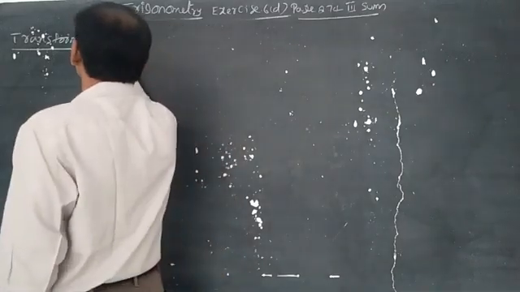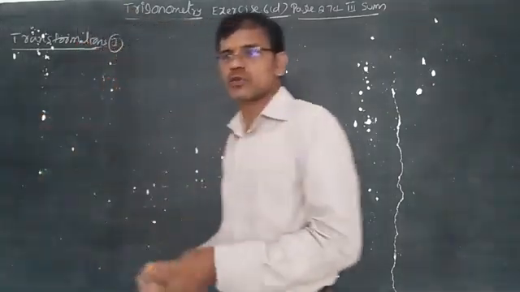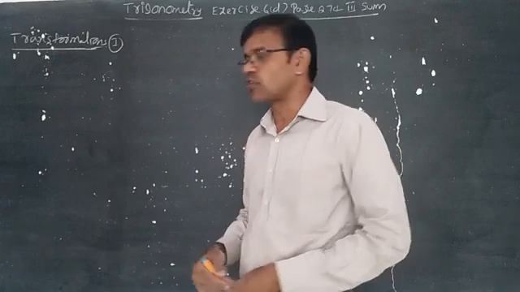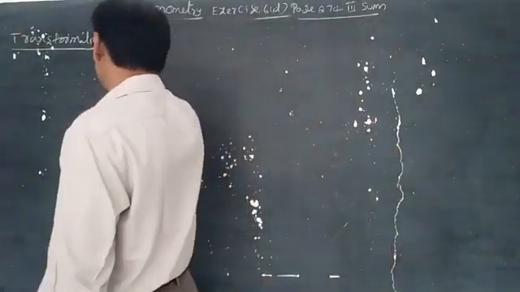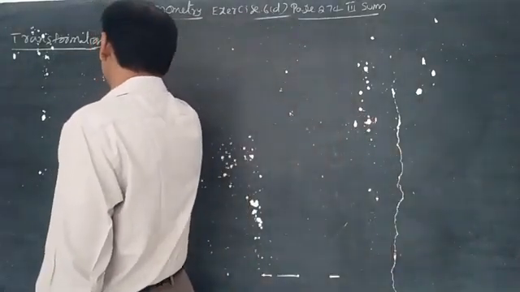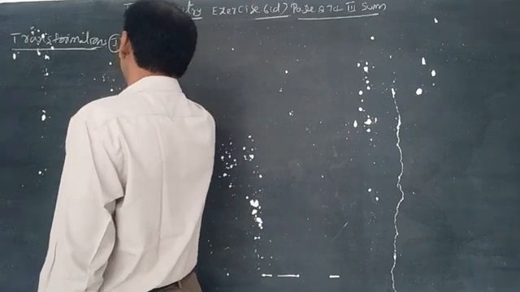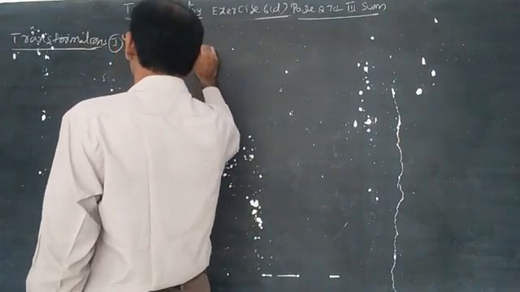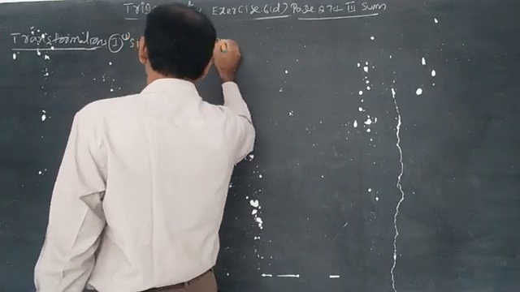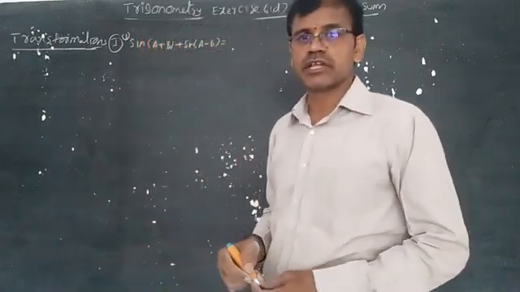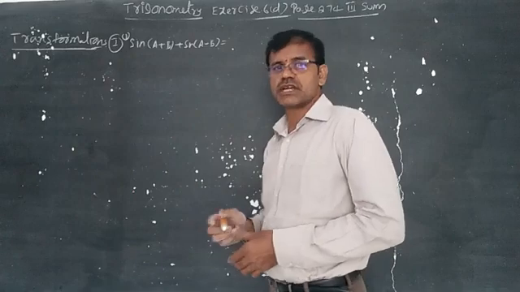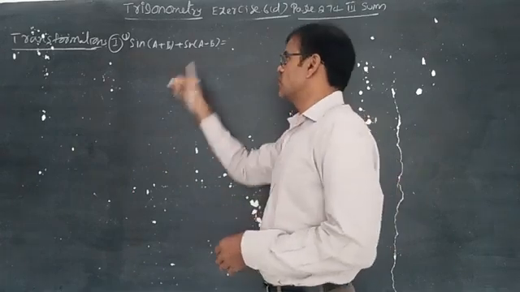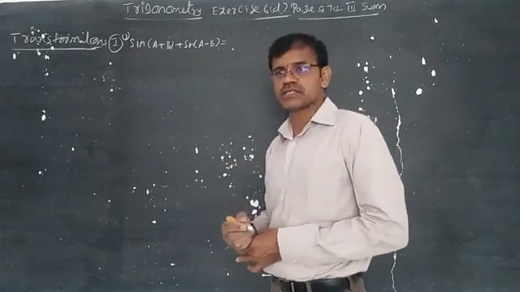So let us write Roman number 1. I said proofs also for this sum. Simply now I am writing the formula: sin of a plus b plus sin of a minus b. We know the formula: sin a cos b plus cos a sin b, plus sin a cos b minus cos a sin b.